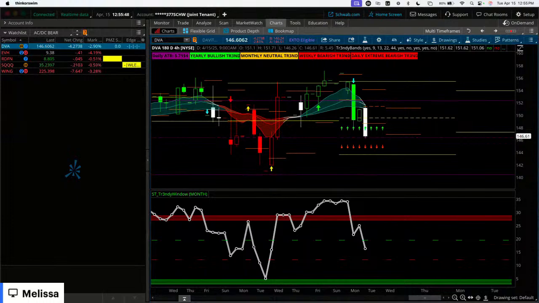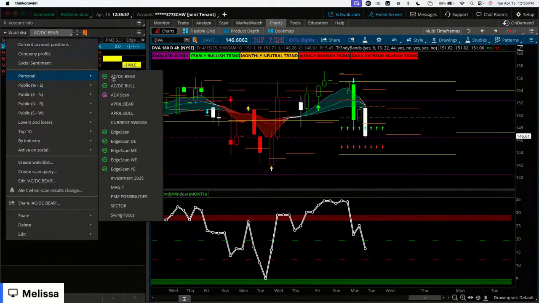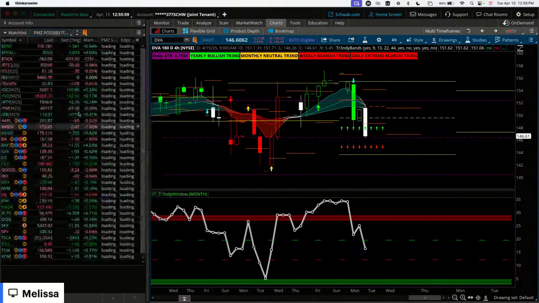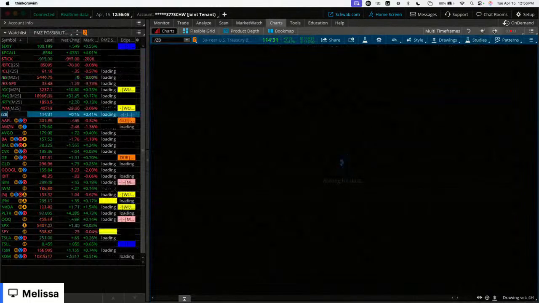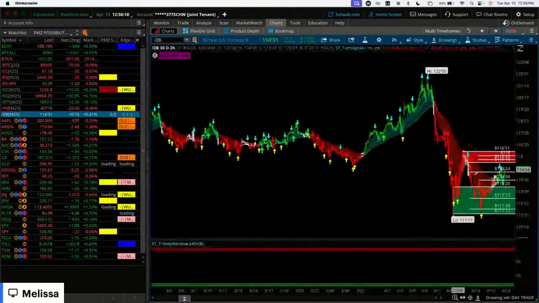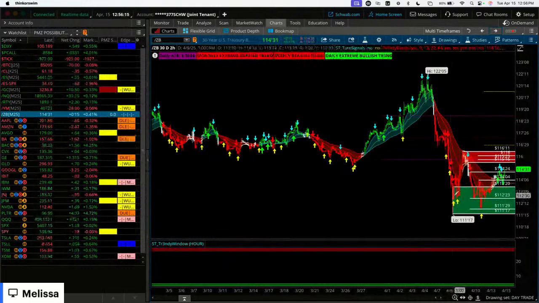FJ says, can we please look at ZB Treasury bonds 15 and 30-minute charts? You bet. Let me get back to my PMZ watch list and ZB. So the way that I set up my targets for my day trades is I like to use 2 hour inside up and inside and down candle formations.